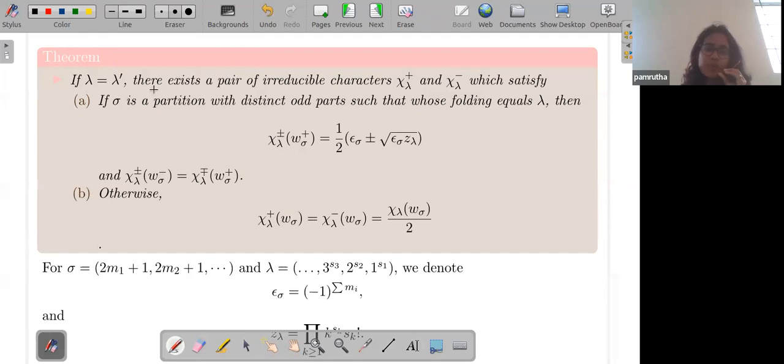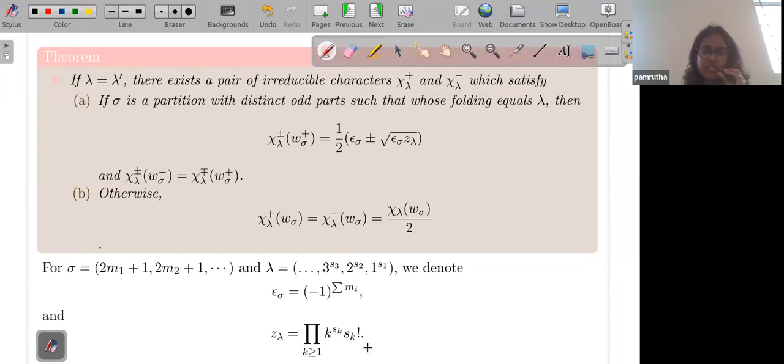Suppose by w sigma, I mean an element of cycle type sigma, where sigma is a partition of n. If this partition has distinct odd parts such that when we fold it we get lambda, remember lambda is a self-conjugate partition, then the character value is given by this particular formula.